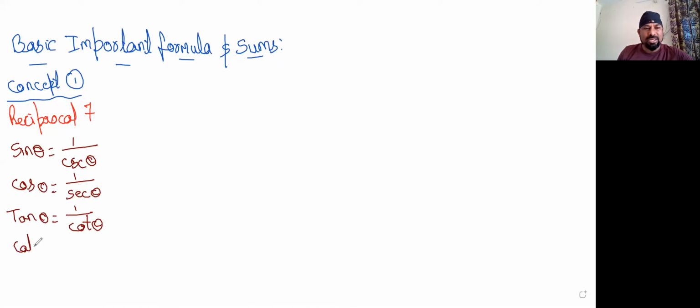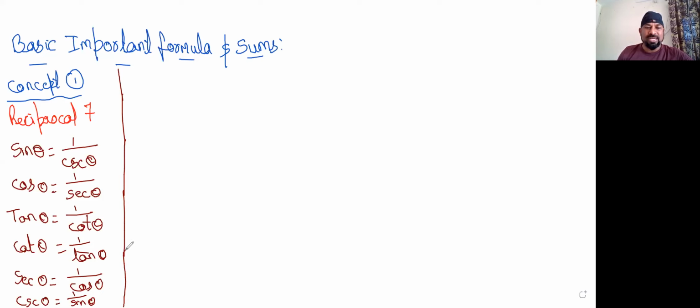Next, cot theta is equal to 1 by tan theta, as you all know. Now, secant theta is equal to 1 by cos theta, and cosecant theta is equal to 1 by sin theta. These are the reciprocal formulas we have. That is the first set.